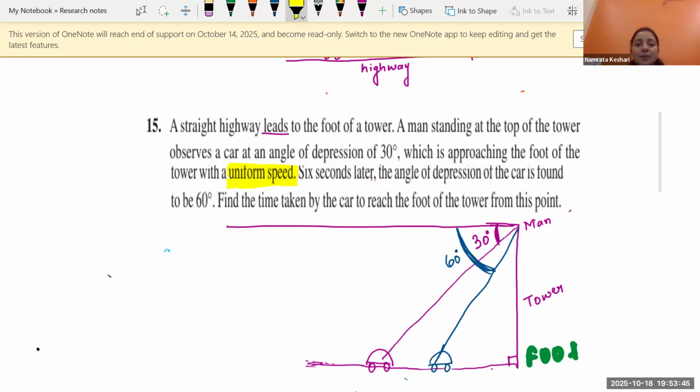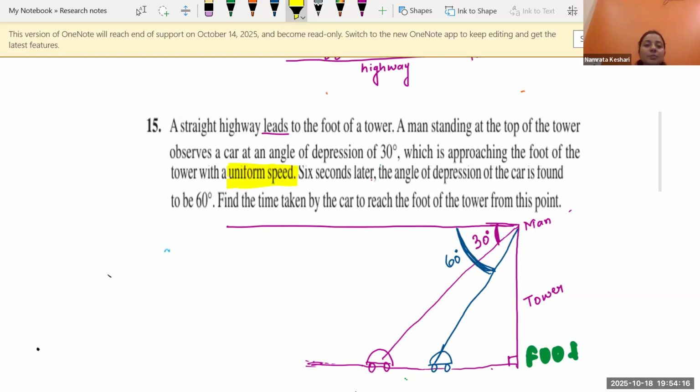That doesn't happen in real life actually, but for solving maths questions, such a situation can be given: the speed of 50, maybe 60, maybe 80, maybe 100, but the speed is the same throughout the journey. Six seconds later the angle of depression of the car is found to be 60-degree. We have marked 60-degree. Find the time taken by the car to reach the foot of the tower.